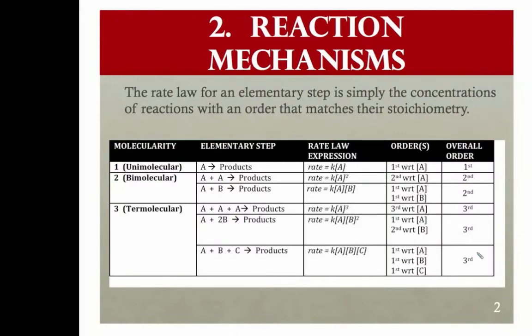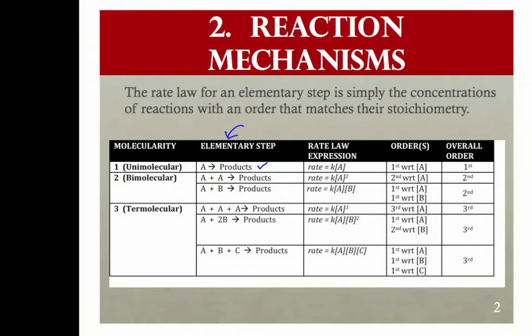Now, let me show you a little bit of terminology here as we build into this. If I have one substance that might simultaneously decompose, for example, and it goes to products. Now note I'm talking about elementary steps here, not overall stoichiometries. We call that unimolecular.